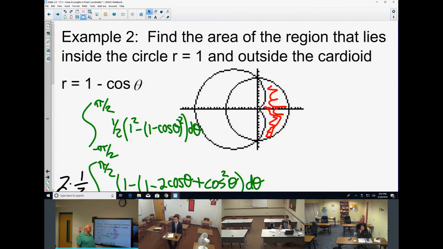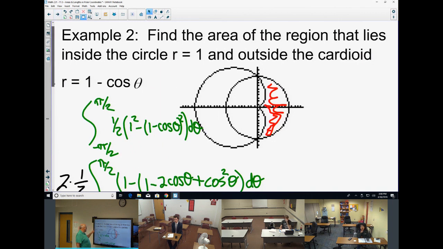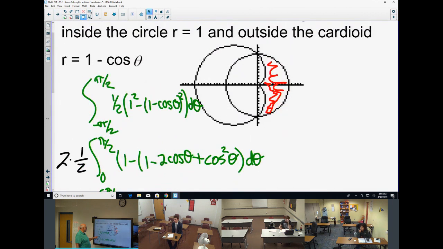But you're actually better off, although you get the same answer, if you go from 0 to pi halves, so just this top half, and then multiply that area by 2. As you can tell by symmetry, it's the same area. So you just go from 0 to pi halves, okay? You multiply by 2, and then when you bring the 1/2 out front, that's going to cancel anyway.